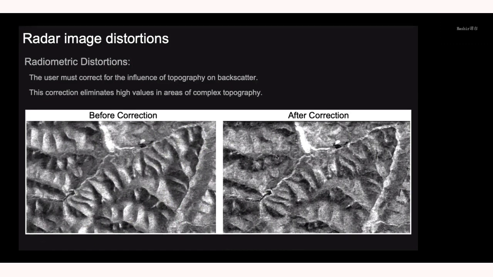It gives the sensor-facing side of a hill slope an overexposed appearance. Like in this one, in the left image we see the overexposed hills, and after the correction, these overexposed surfaces are dimmed down a little bit.